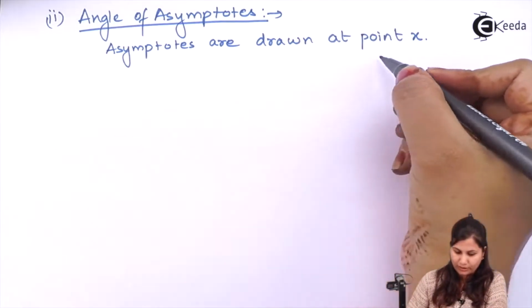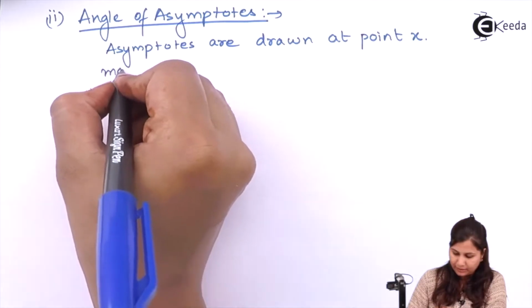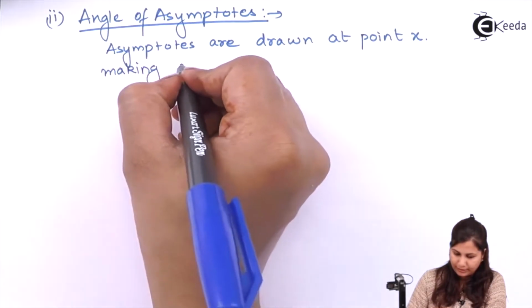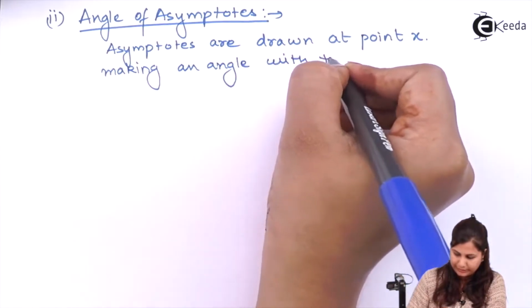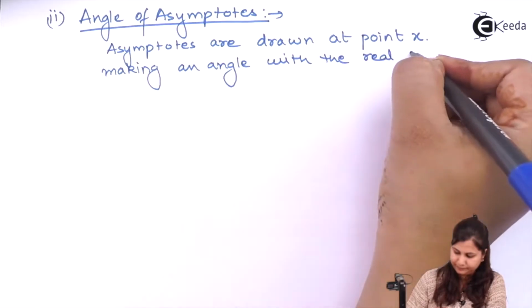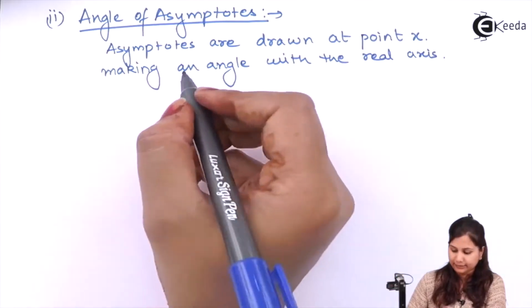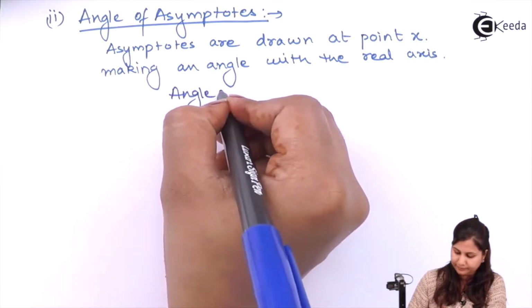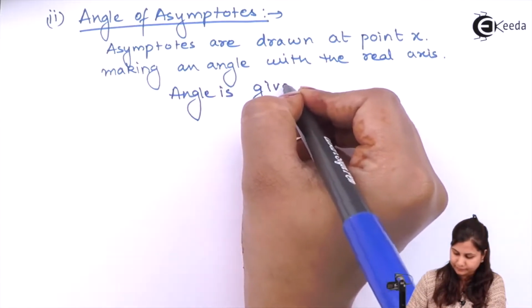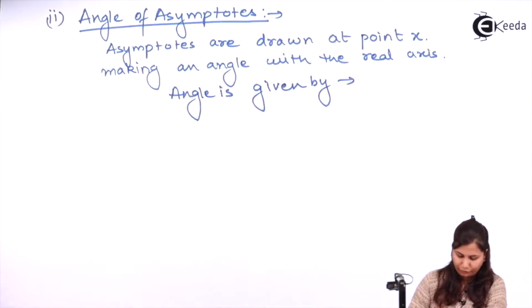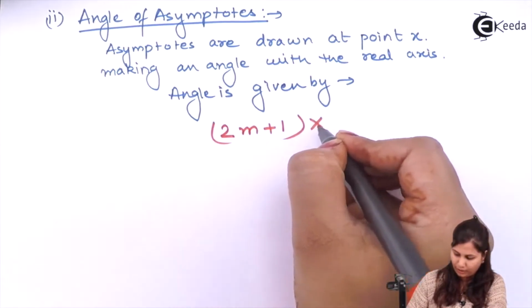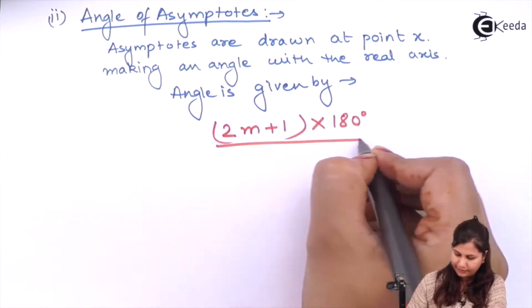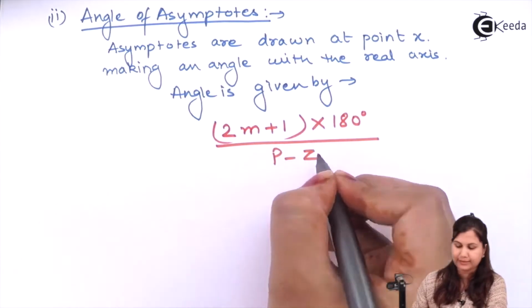So asymptotes are drawn at point x, making an angle with the real axis, and this angle is given by the formula we have: (2m plus 1) into 180 degrees divided by p minus z.